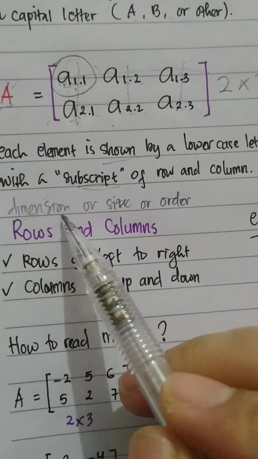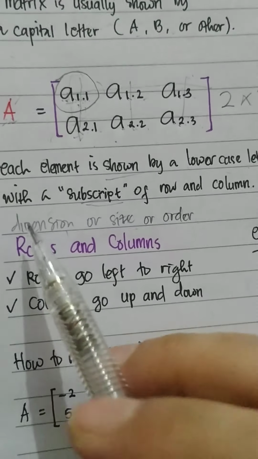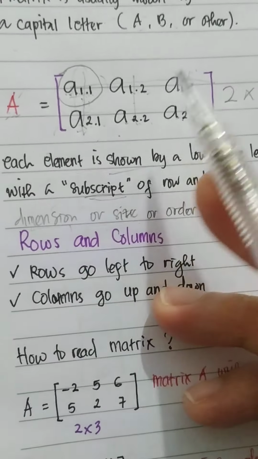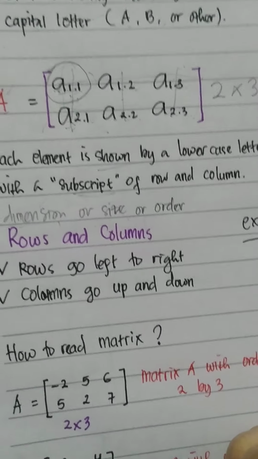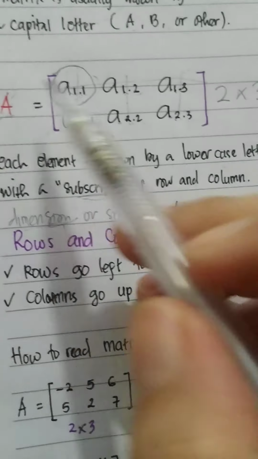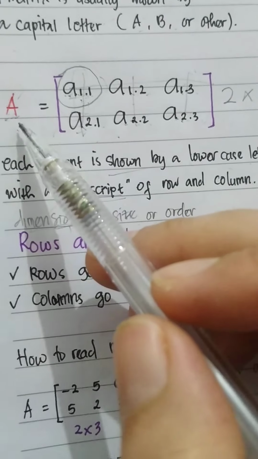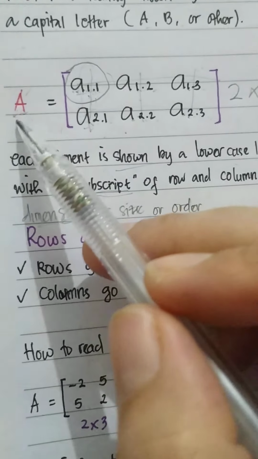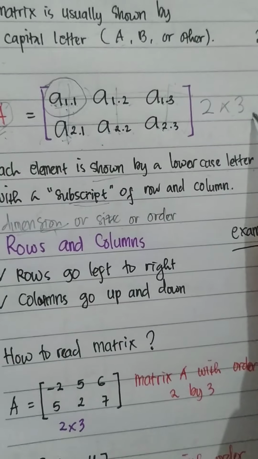The next one is dimension or size or order. Most of the time, how to read the matrix is you state the row and column, or dimension, we call it dimension. If I ask you what is the dimension of matrix A, it is 2 by 3.